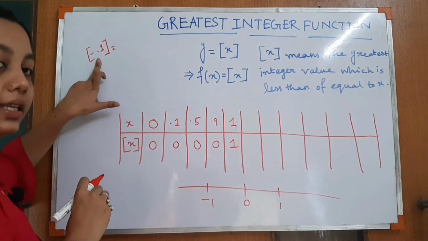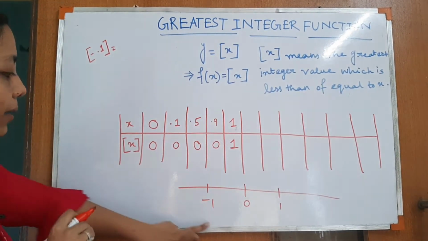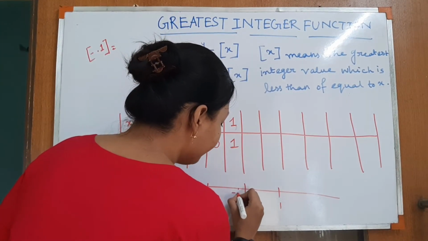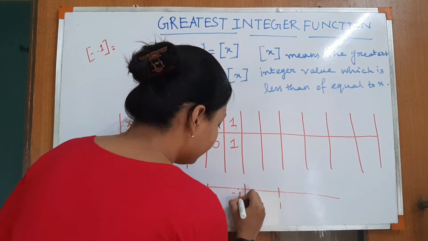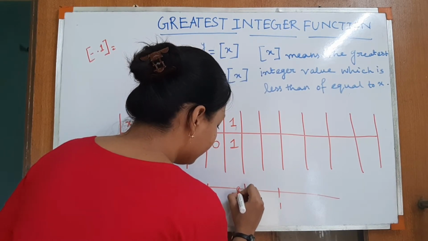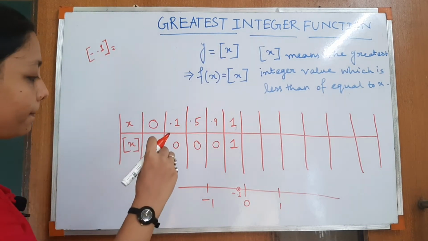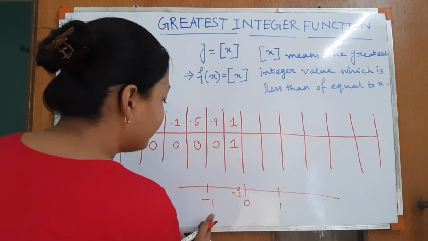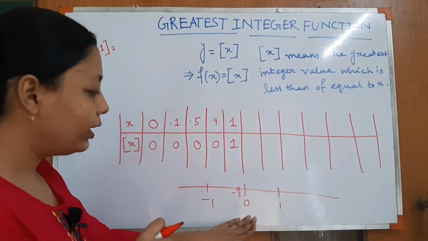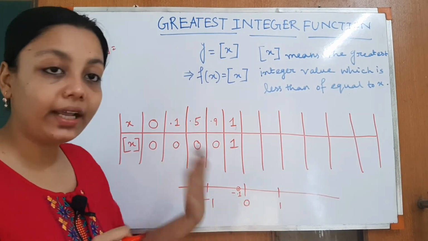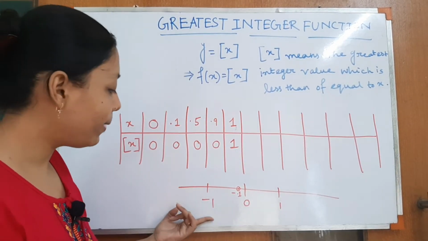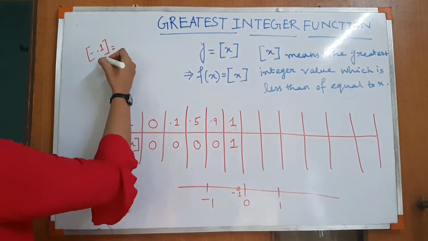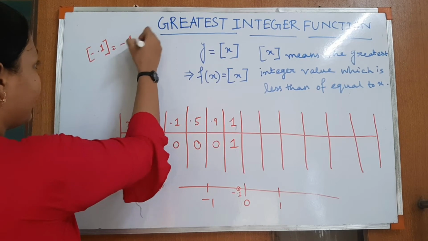This minus 0.1 lies between minus 1 and 0. Since it lies between minus 1 and 0, if we take 0, then 0 is greater than minus 0.1, and if we take minus 1, then it is less than minus 0.1. So the box value of minus 0.1 is minus 1.